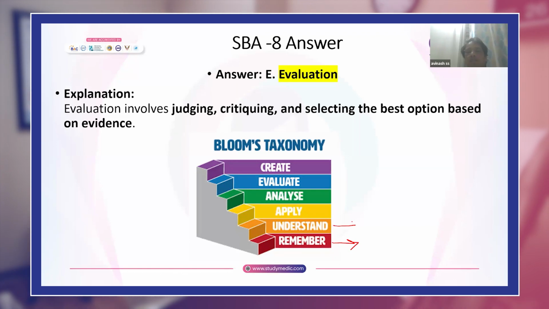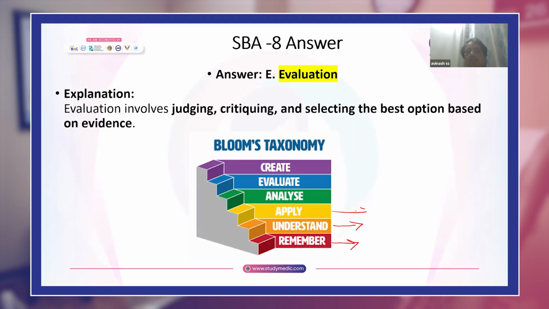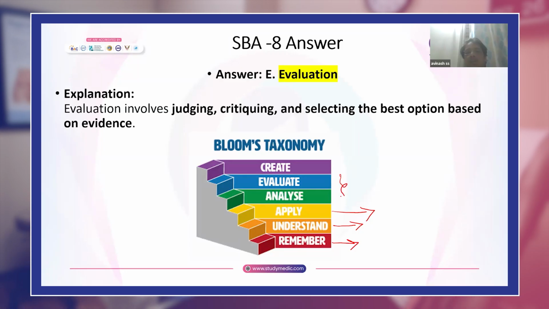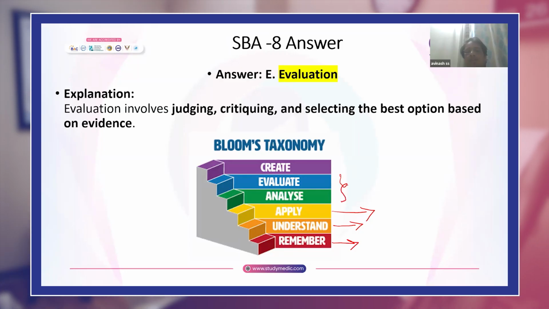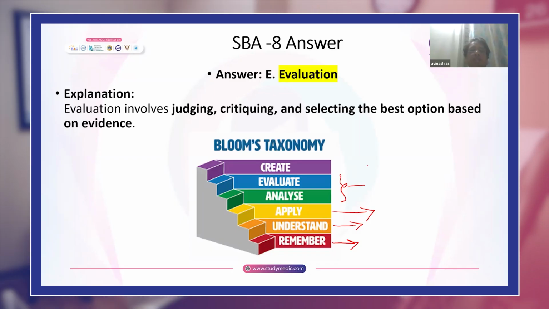If you are asking why postpartum hemorrhage occurs, you are checking understanding. If you are asking how you apply this knowledge to manage the patient, it is application. And if you are asking to analyze and evaluate, that becomes the highest level, so you are checking the highest level of Bloom's taxonomy of the cognitive domain.